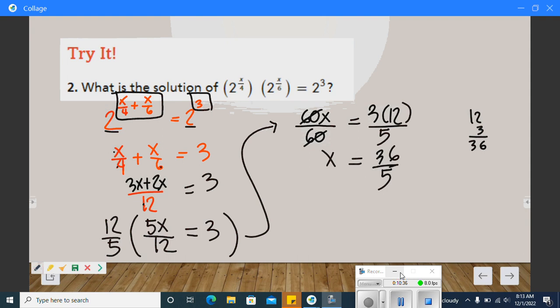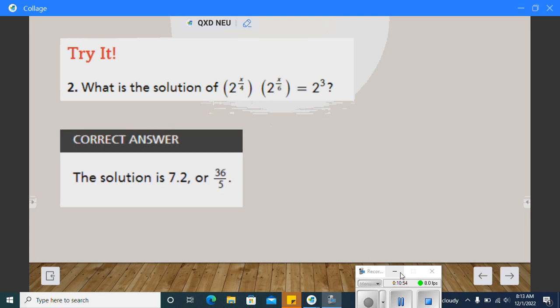So we have our value of x, which is 36 over 5. So the solution is 7.2 or 36 over 5.